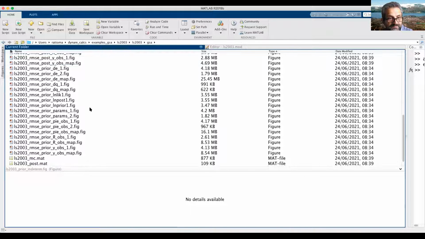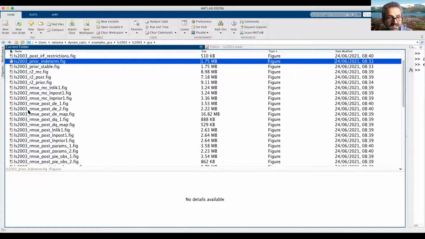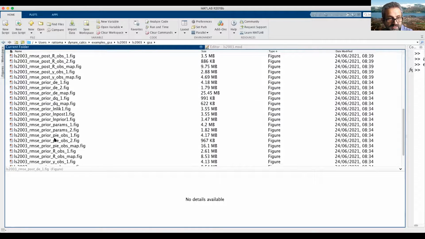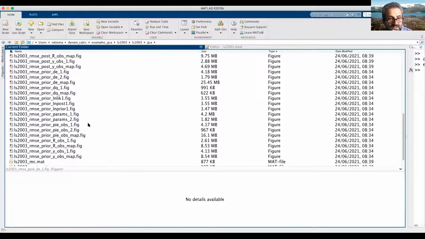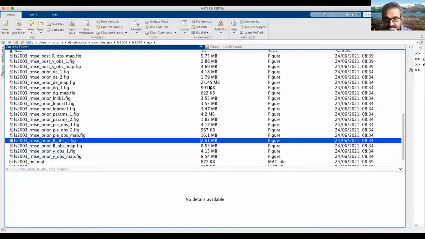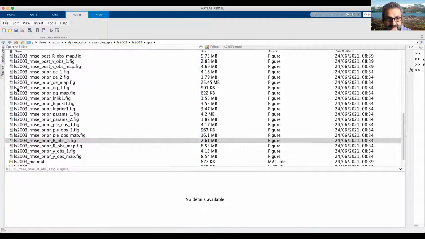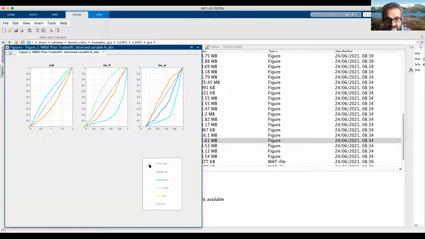Then we have the root mean square error analysis. We do it from the posterior, we do it from the prior. So for example, we can look for each observable, for example, for interest rate, all the parameters that matter for the fit of interest rate, which is, I think, also one of the plots that I showed you.